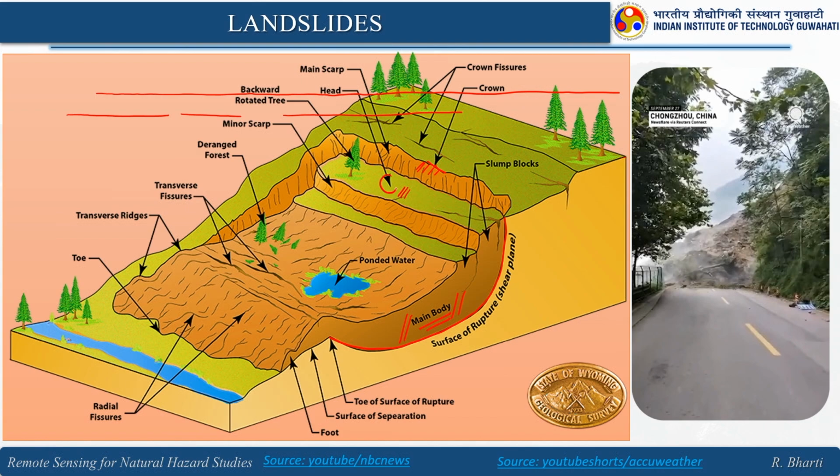So this is known as head and this is the minor scarp. Now this is the ponded water, it can be present, it cannot be, this is just for the example. And here you have the toes, right, these are the toes and this is the surface of the separation.